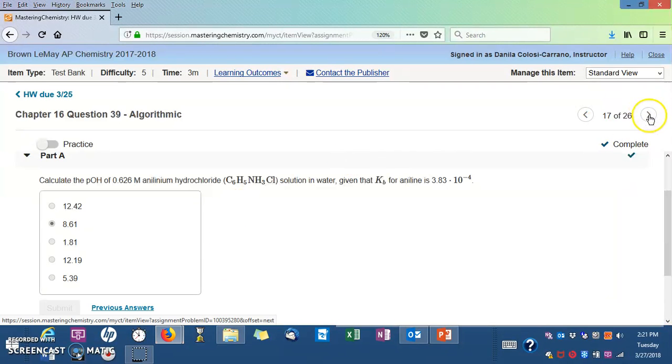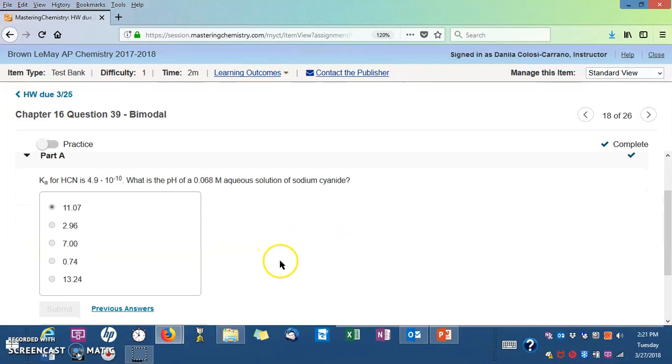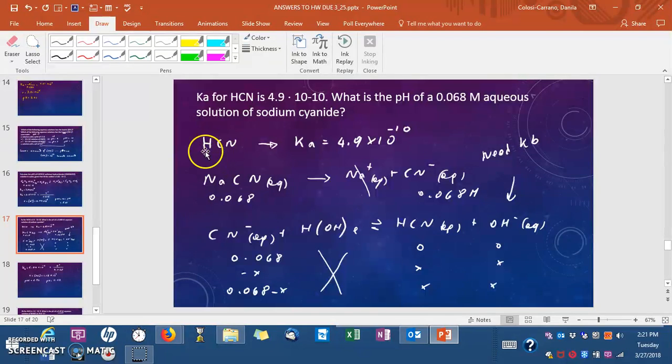After that, you have Ka for this, so what is the pH in this solution? So again, one more problem about that. So this is your HCN, for which they are giving you Ka, but they are saying you're dealing with sodium cyanide.